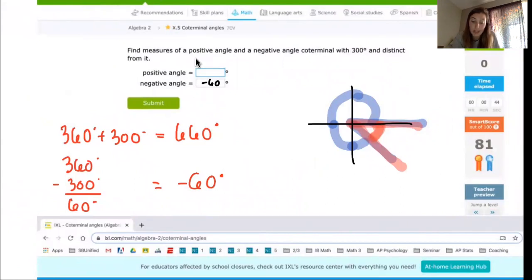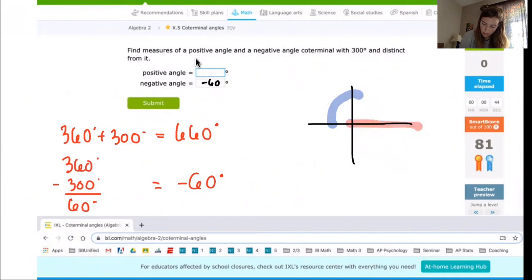Another way to express a positive angle, this is kind of tricky because obviously 300 already is positive, but what if I went around my circle more than once? So I start here, I travel around once, that's 360 degrees. Now I go the 300.